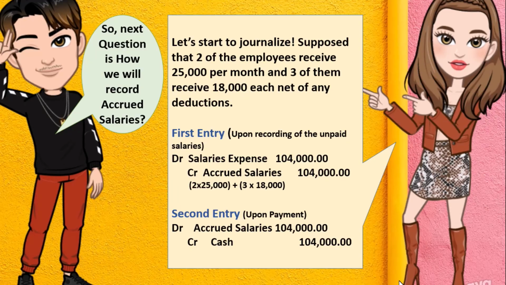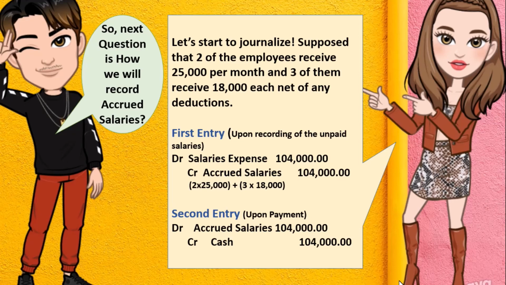So first entry, upon recording of the unpaid salaries: we debit salaries expense, 104,000, and credit accrued salaries, 104,000. So how did we get it? We have 2 times 25, which is 50, plus 3 times 18, which is 54, to make it 104,000.